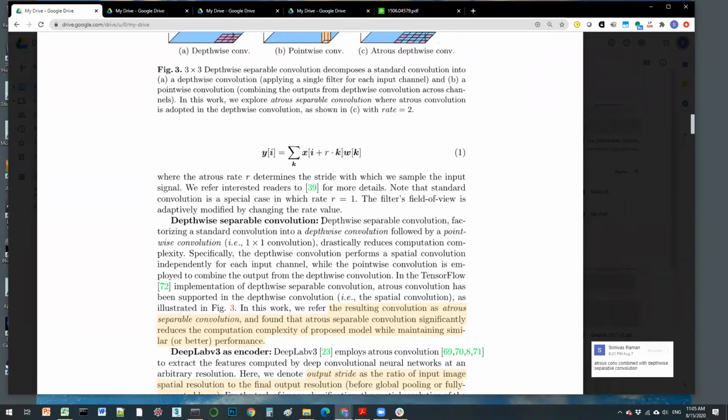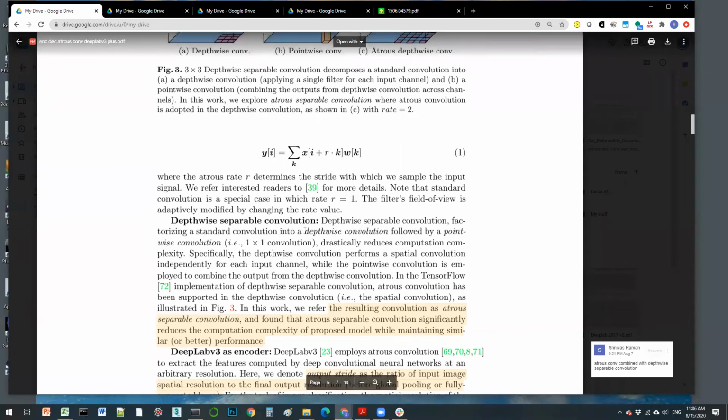But I think a separable convolution means a k by k convolution filter that, if separable, is expressible as the outer product of a 1 by k and a k by 1. That's what comes to mind when they say separable convolution.